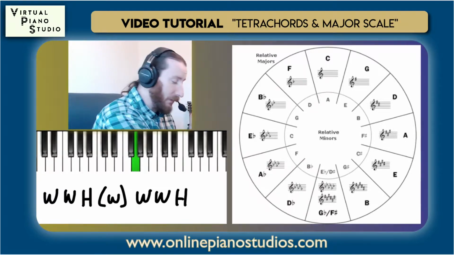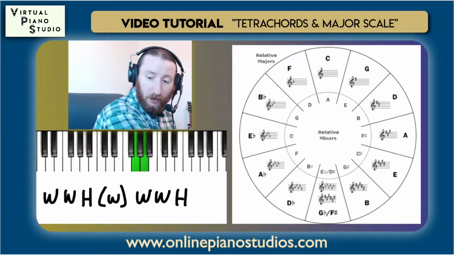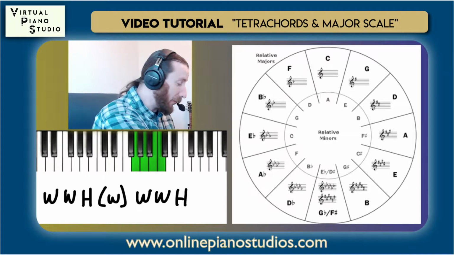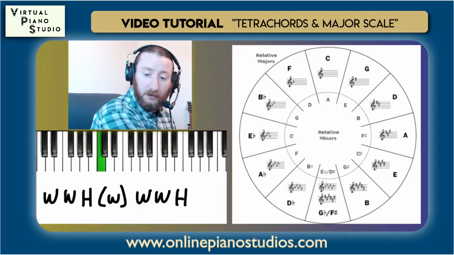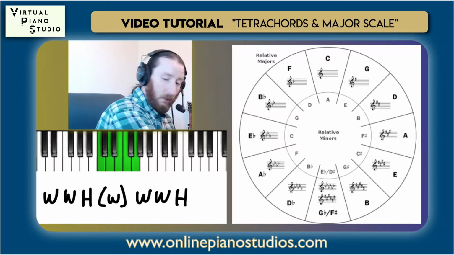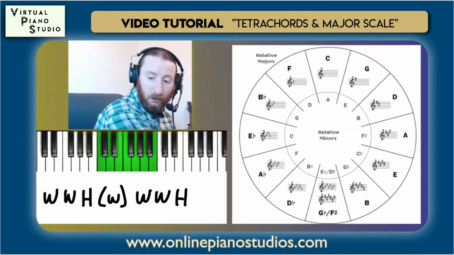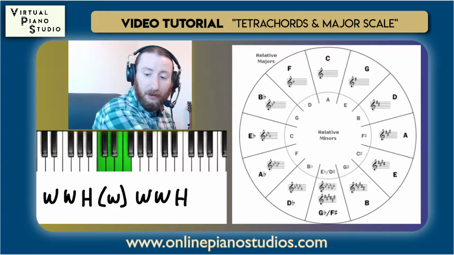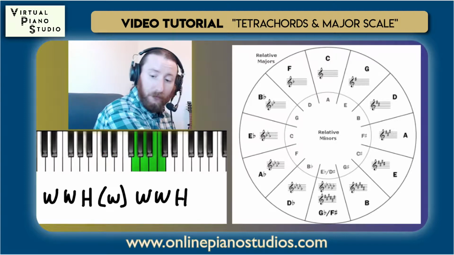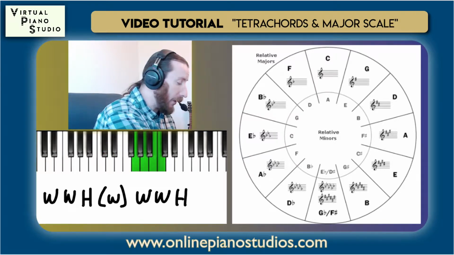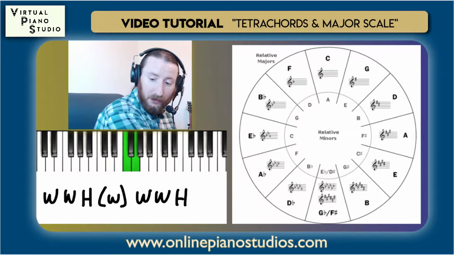And then what we have is whole step, whole step, half step. When you put that together: starting note, whole, whole, half, whole, whole, whole, half. Here's the first tetrachord, here's the second tetrachord, and they are separated by a whole step.